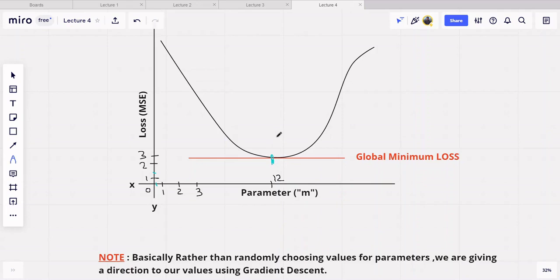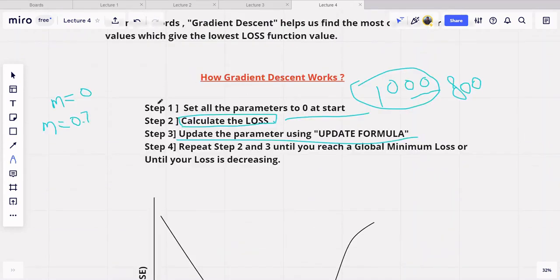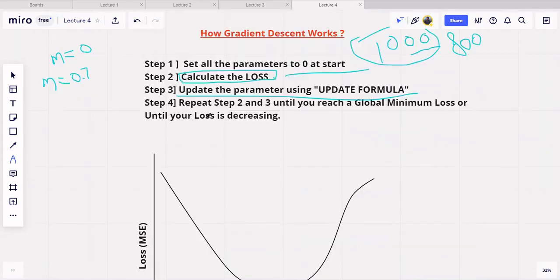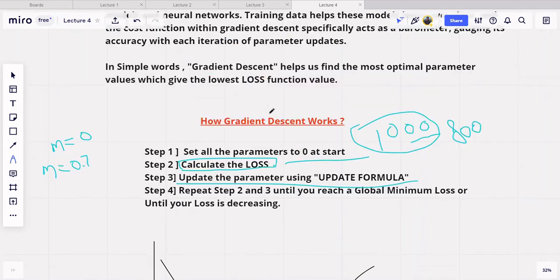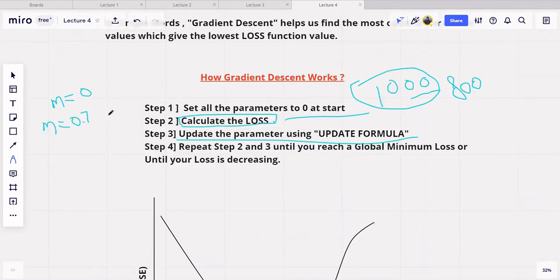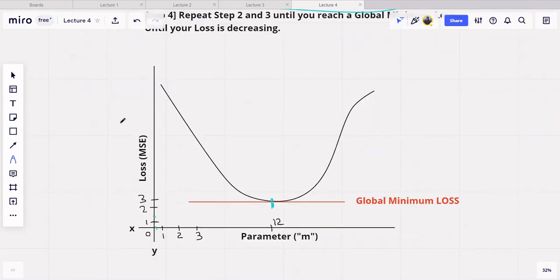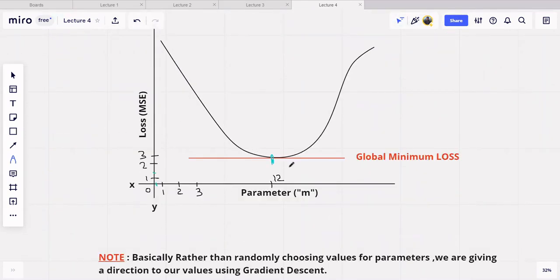So this is what gradient descent is. We try to update our parameters in such a way that they will decrease the loss function. We want to choose the value for a parameter which gives us a global minimum loss.